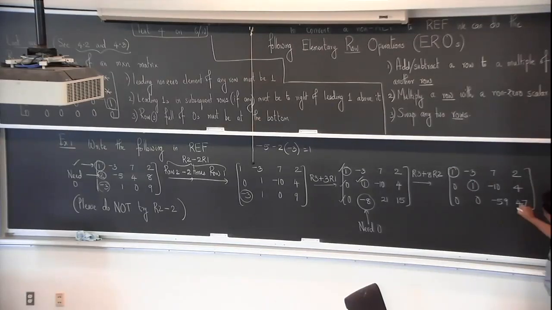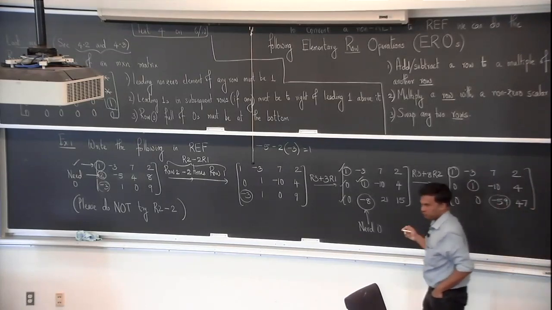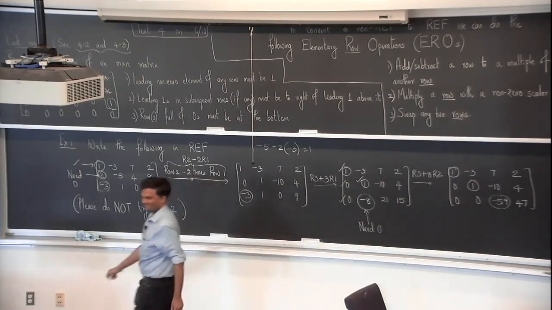Almost there. Okay. Now we need a 1 here because the first non-zero leading entry of a row should be a 1. Okay. How do you get a 1 out of this number? Without overcomplicating it, what is the easiest way to get a 1? Yep.